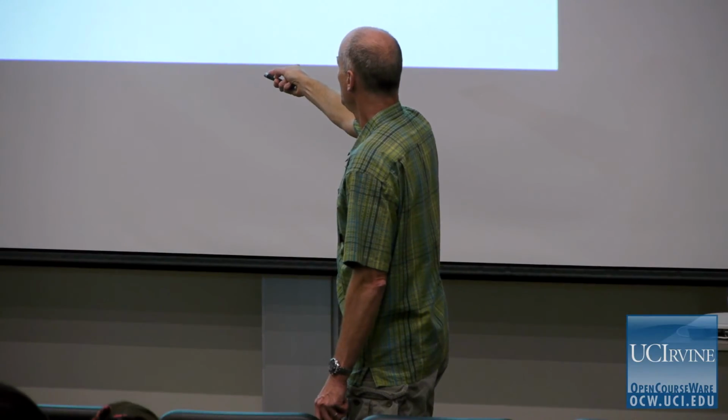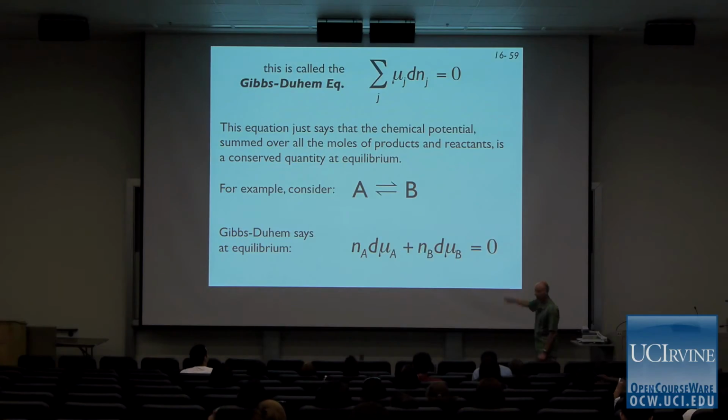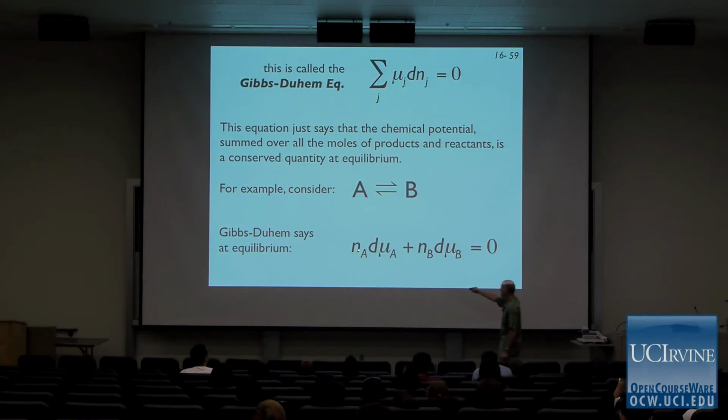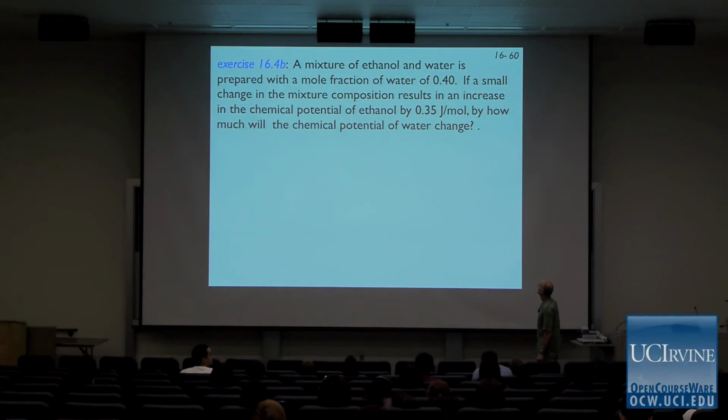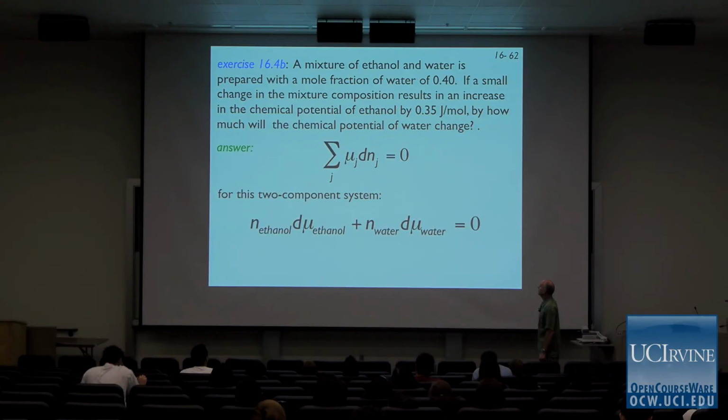You're right. This should be mu dn. Sorry, yeah, this should be mu dn. You're absolutely right. We can still solve the example with that because the question was giving us d mu.